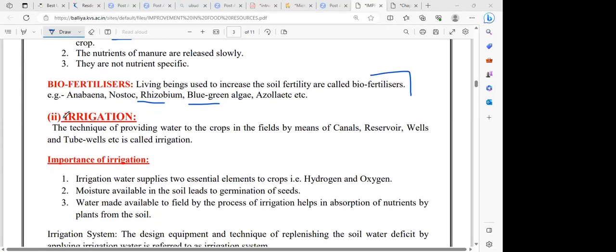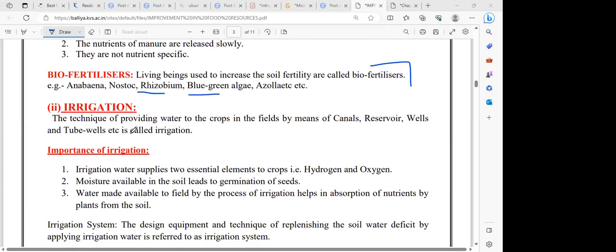Okay. Now coming to irrigation, right? First of all, you should know what irrigation is. It is a technique of providing water to the crops in the field through canals, reservoirs, wells and tube wells. That is known as irrigation, right? Next, what is the importance of irrigation?